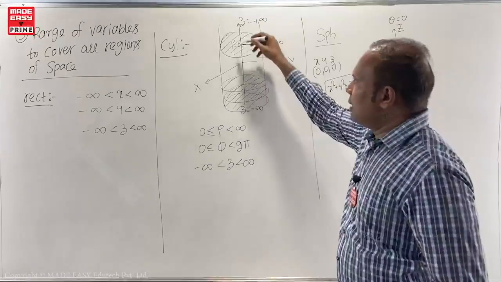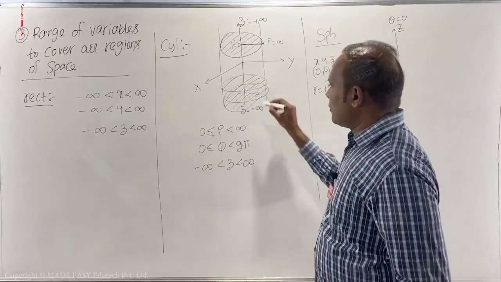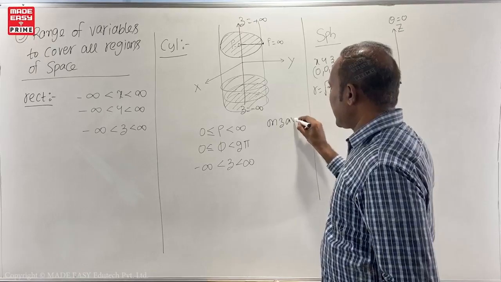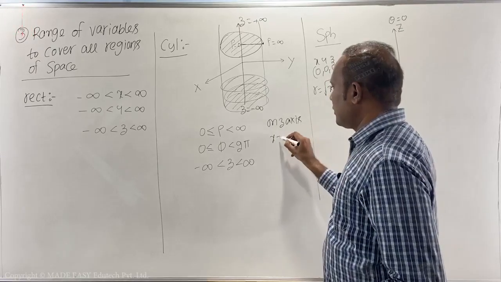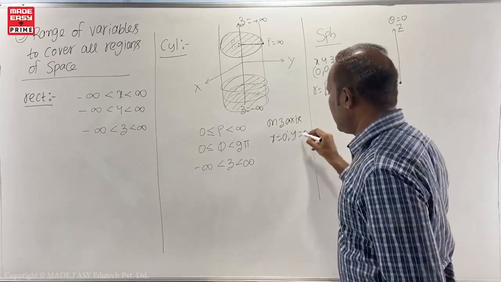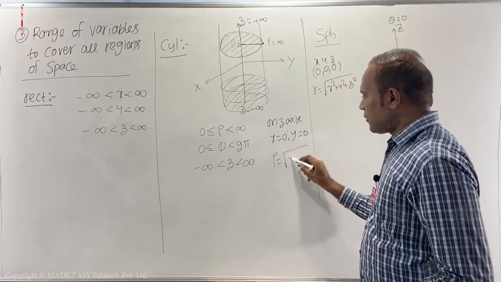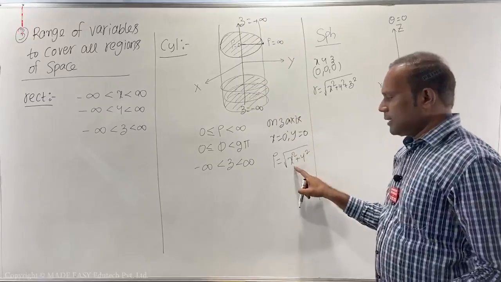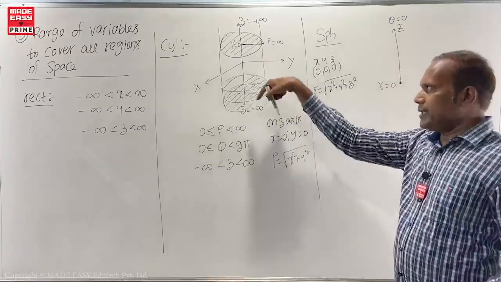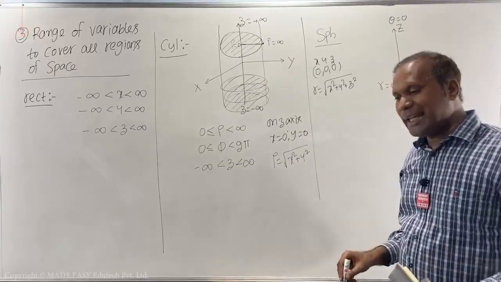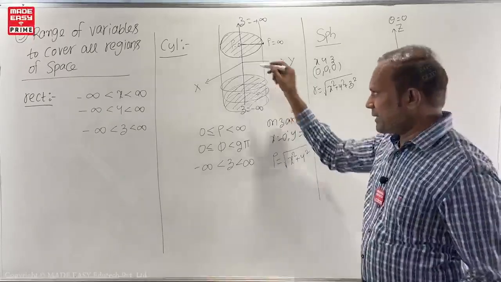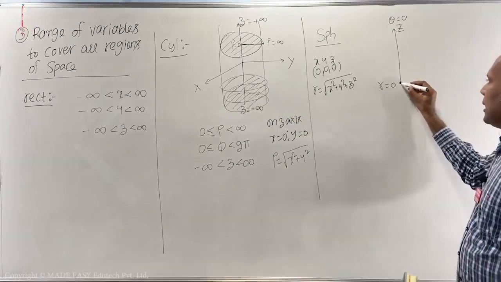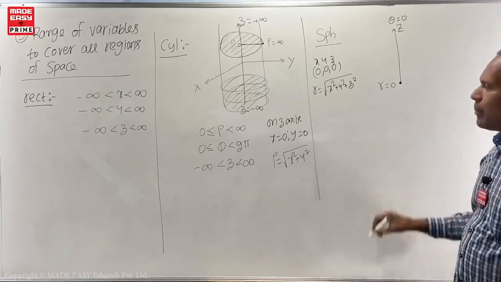Similarly on the z-axis, x is 0 and y is 0, so rho, the root of x square plus y square, is 0. That's why radius measurements start from the z-axis. Similarly here, the sphere radius starts from the origin.